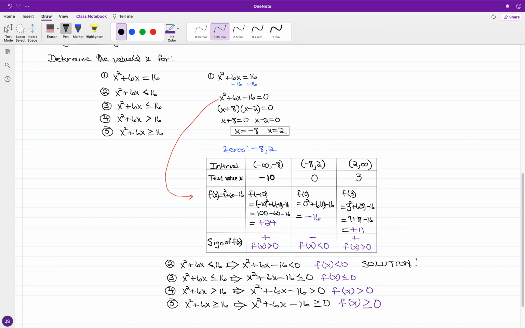So where x squared plus 6x is less than 16, again as a comparison to 0, we have x squared plus 6x minus 16 is less than 0. And just from the table, this will refer to f of x is less than 0. So where is this going to happen? Well, if you look at the top row, with the column heading, we have -8 and 2 enclosed in parentheses.